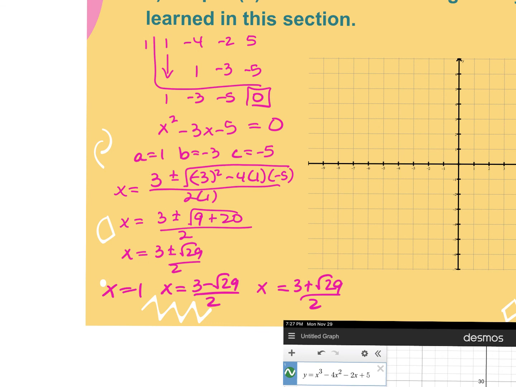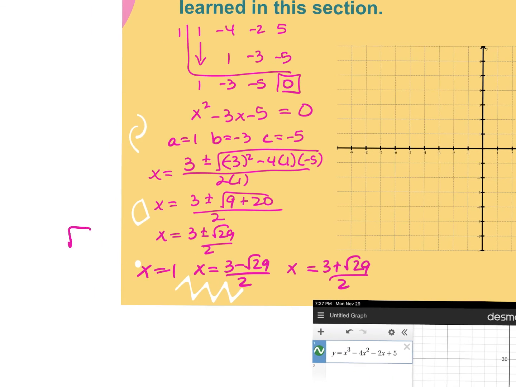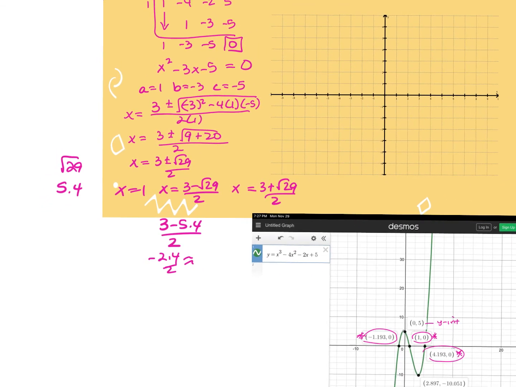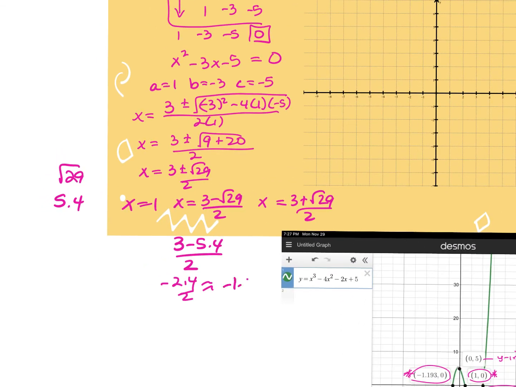Now, if you were to do this on your calculator, you're going to find that the square root of 29 is approximately 5.4, if I just round it to the tenth place. So if I do 3 minus 5.4 divided by 2, this is going to give me negative 2.4 divided by 2, which is approximately negative 1.2.